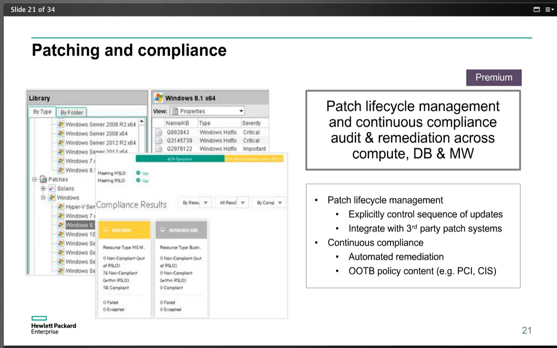Beyond standing up the infrastructure, the biggest challenge that we see IT facing is whether that infrastructure is conforming to the requirements that businesses have to reduce the risk by way of vulnerabilities, whether security in nature or associated with what kind of data IT is storing.